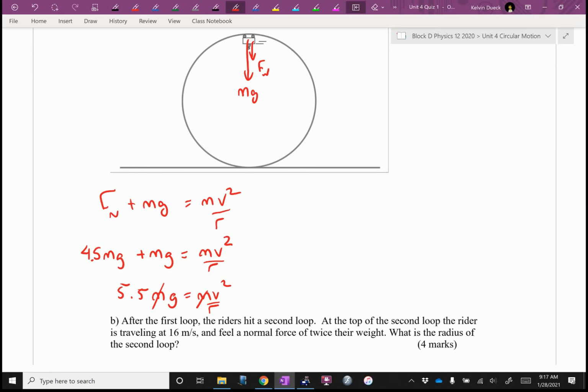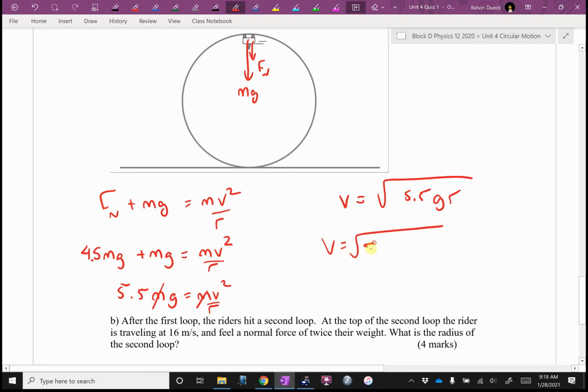What do they want me to find? How fast? Oh, square root of gr with a 5.5 in front of it. But the fact that there's a square root of gr, I probably did this right. Square root of 5.5 times 9.8 times the radius.